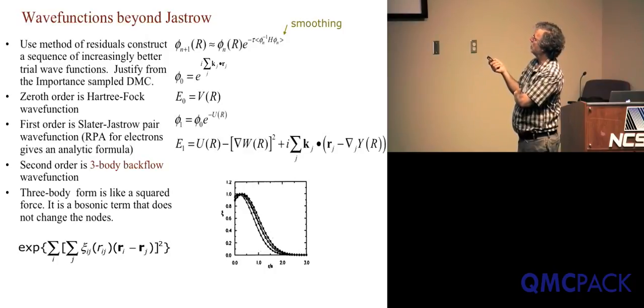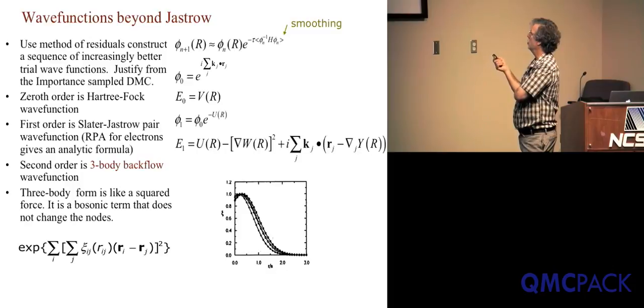If you use this local energy argument and you plug in the Jastrow wave function, this is the Jastrow wave function right here, where you have a Slater determinant and the Jastrow factor, and then you try to iterate this local energy argument, you get this as the local energy of the Jastrow wave function. And this has two new terms. And remember, my Feynman-Kac argument means you're supposed to smooth out these two terms and make an even better wave function.